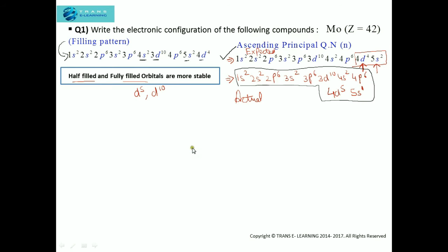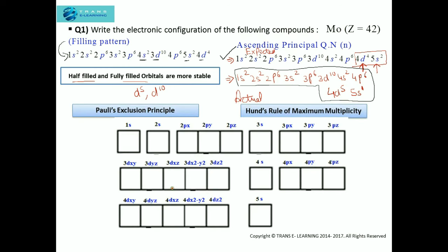Now if we want to write this electronic configuration in terms of electronic distribution, then we have to consider 2 more rules or principles, that is Pauli's exclusion principle and Hund's rule of maximum multiplicity. As per Pauli's exclusion principle, when we are having 2 electrons in an orbital, they will have opposite spin, and as per Hund's rule, they will occupy singly first, and then the pairing will take place with opposite spin.